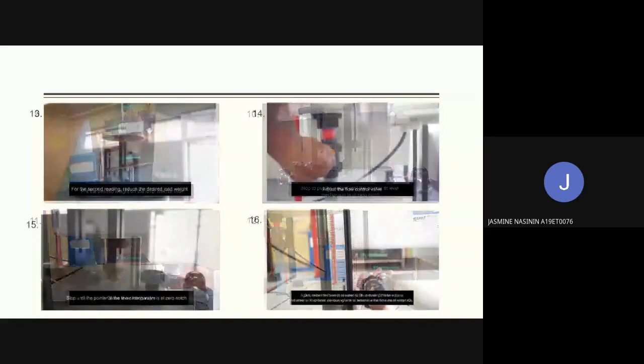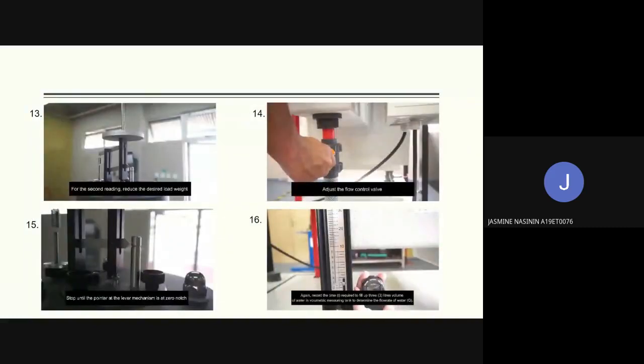For the second reading, we need to reduce the desired load weight and adjust the flow control valve and stop until the pointer at the lever mechanism is at the 0 notch. Again, record the time required to fill up 3 liters volume of water in the volumetric measuring tank to determine the flow rate of water.